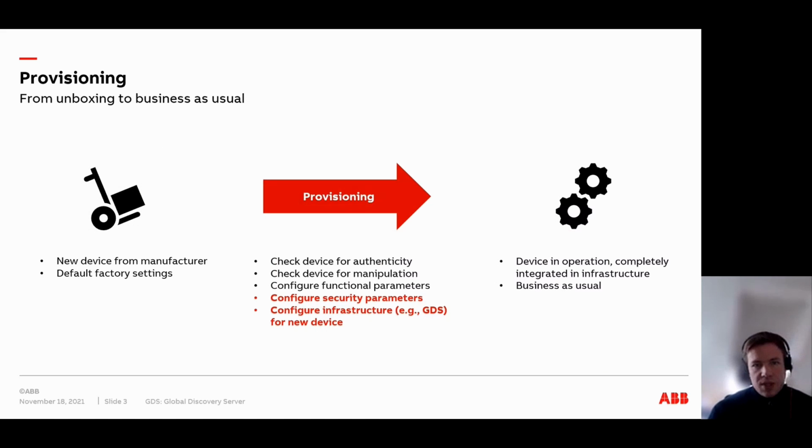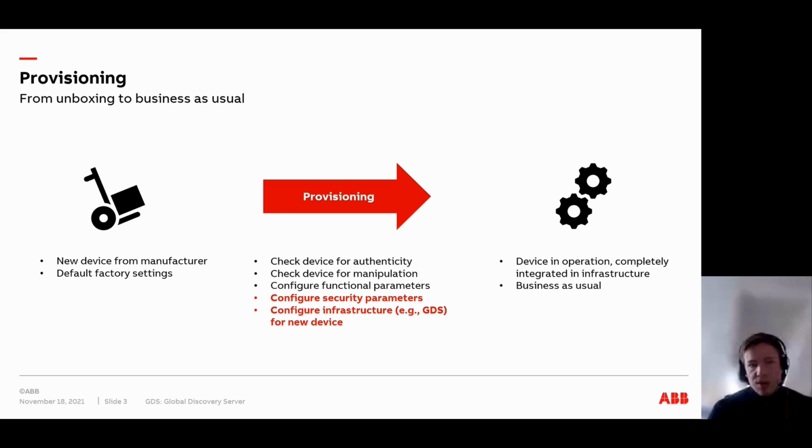So now that you know OPC UA, what is provisioning about? Provisioning is about transforming a device from its initial state to the operational state. A device gets shipped from the manufacturer to the operator, and then it needs to be checked for authenticity and for manipulations.